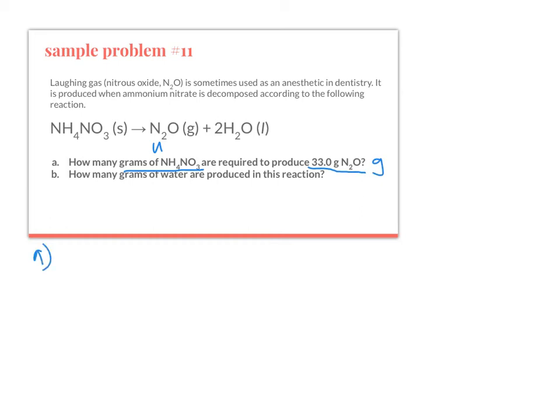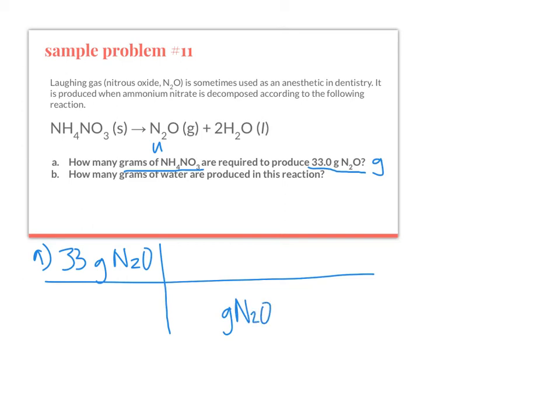Okay? So we start with our given, 33 grams N2O. If we have grams N2O on top, we have that on bottom. We're trying to get to grams of NH4NO3. And you might be like, well, yeah, you can go from grams to grams, but you can't. There's no conversion rate between grams of one compound and grams of another. There's no direct conversion rate.